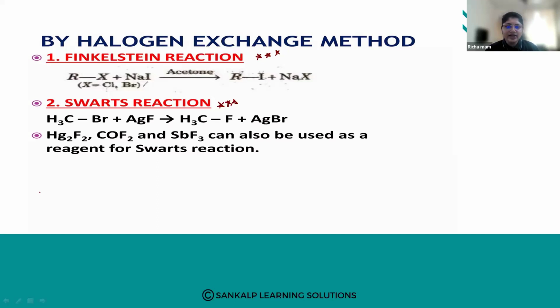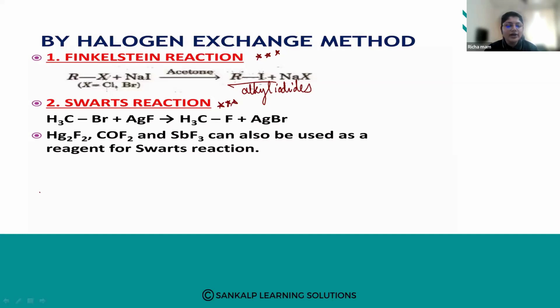In Finkelstein reaction, you can prepare iodoalkanes, or alkyl iodides. What will be your starting product? Either you can take alkyl chloride or you can take alkyl bromide.